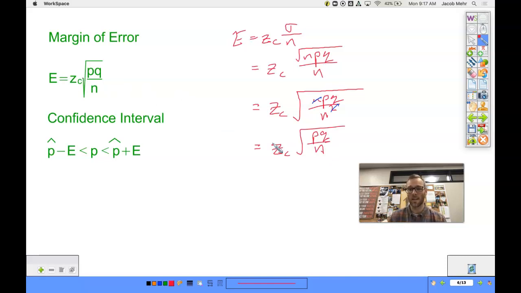So it's the same thing as what we were doing before. It's the critical z-score times the standard deviation divided by the square root of n. But we've just simplified it. Instead of doing the square root of npq divided by n, we're just taking the square root of pq over n. n is under the square root. So that's how we calculate our error. To get our confidence interval, we take p hat minus the error and p hat plus our error.